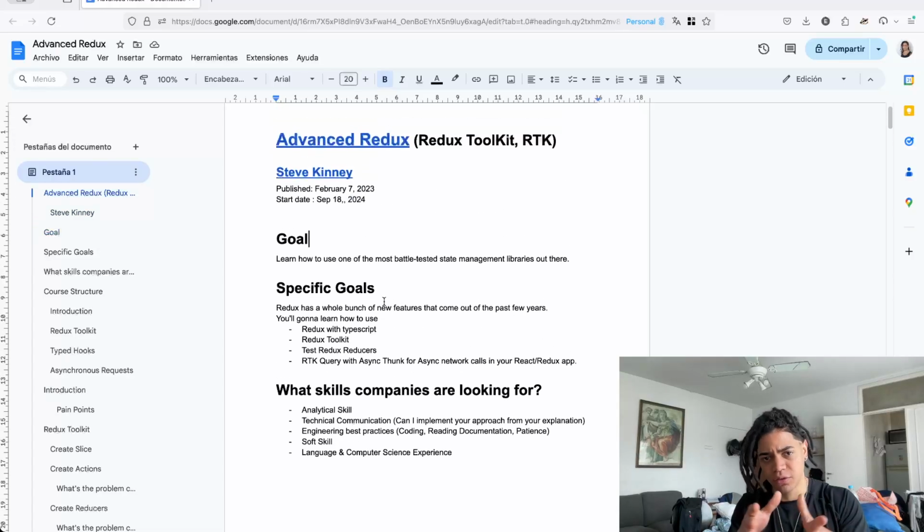So the goal of this course is to know how a well battle-tested state management library like Redux actually works, what is the problem that it solves, and in today's video we're going to take a look at what this immutable data is all about, as a way to understand and grasp these deeply nested problems that we have right now.